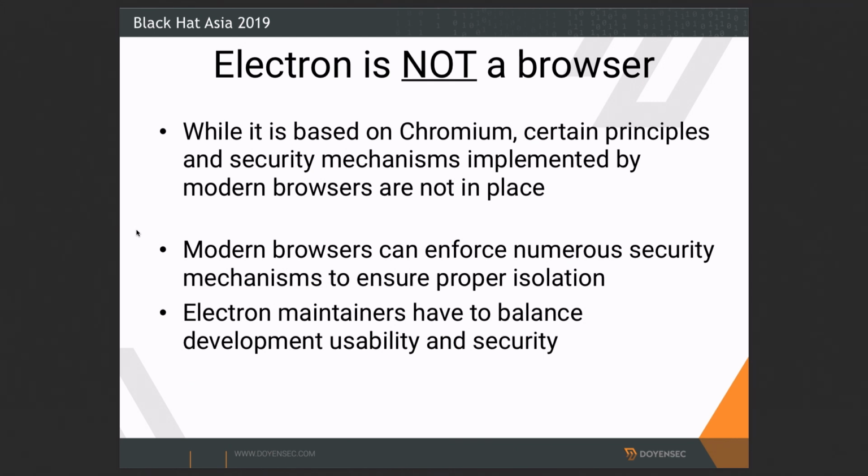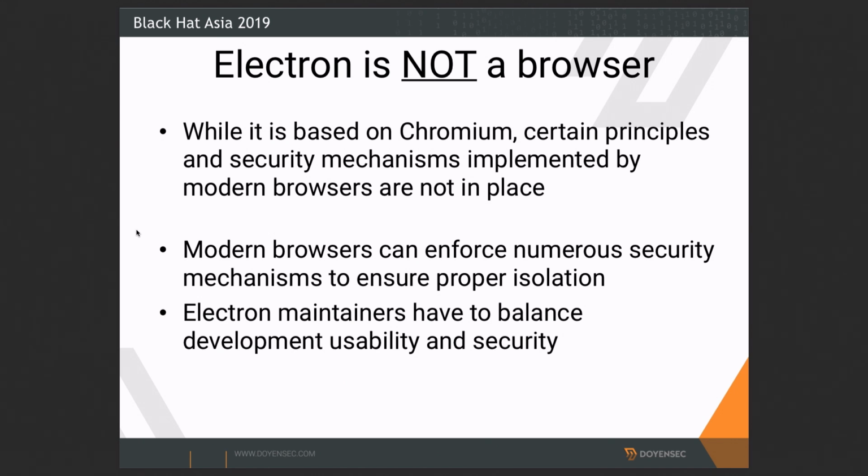Even from a design perspective, what Electron is trying to achieve is giving flexibility to software engineers and developers to build something that can use native system notifications and native capabilities, which are obviously not possible in a full browser. And so Electron maintainers had to balance, and still have to balance, usability for developers and security.